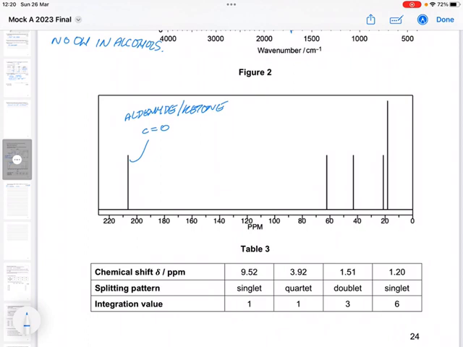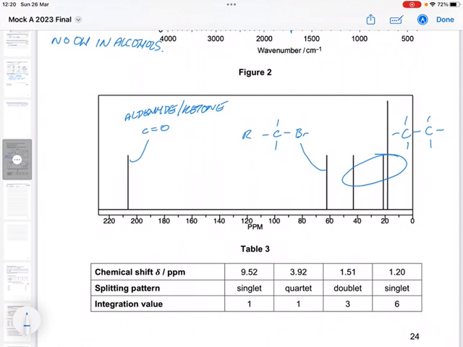My peak at 62, so this peak here, again, just looking on the data sheet, that's carbon that is bonded to a halogenoalkane, and then the peaks at 18 to 42, so the peaks around here, these are telling me that I've got basically alkyl carbons here.